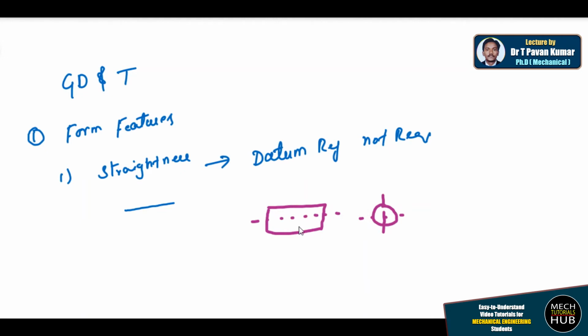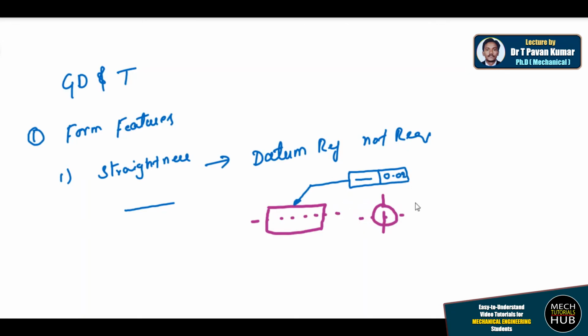Now here we can mention the straightness. For example, here I'll draw a leader line. This line we call a leader line with an arrow, which will point to the component, followed by a box. In this box we can specify the straightness symbol, followed by the tolerance value 0.02.